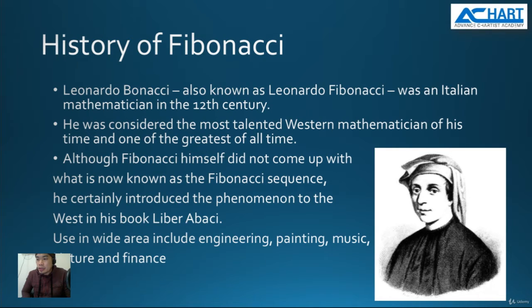So what are these Fibonacci functions? There are two popular functions of Fibonacci in chart reading. Number one is the retracement of sellers. As far as we know, there are two lines, the demand line and the supply line.